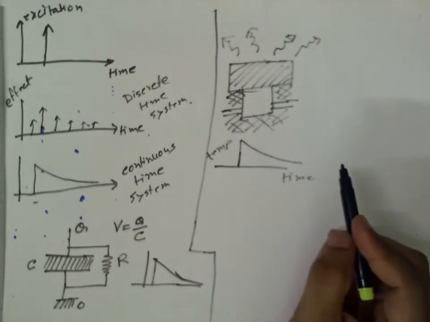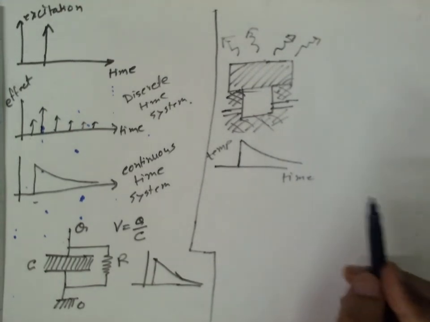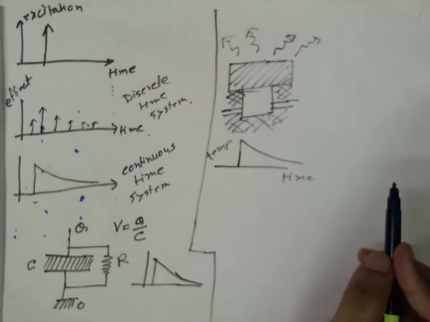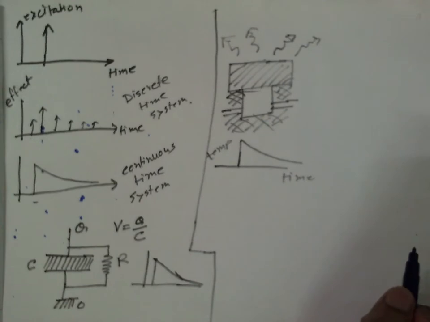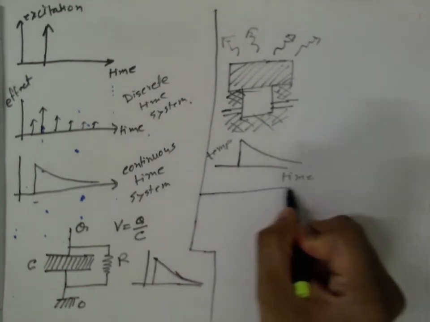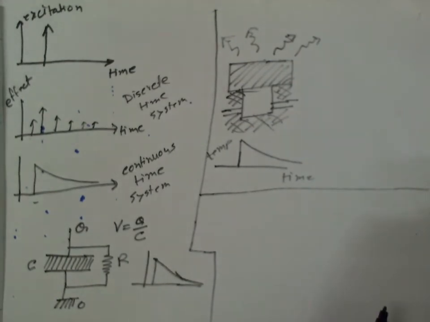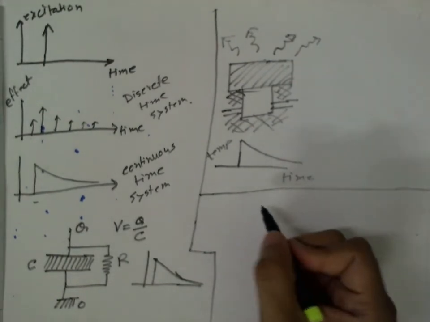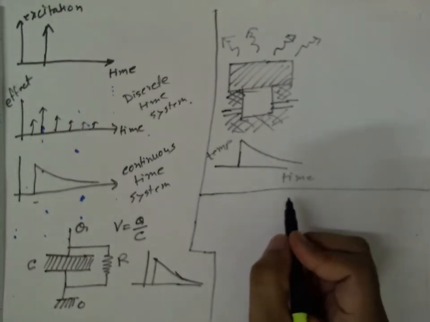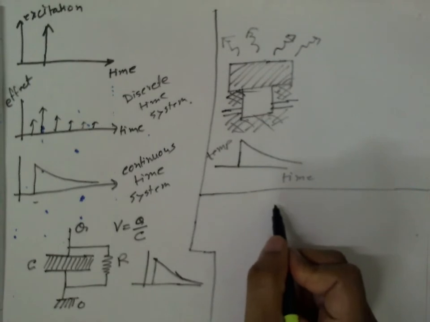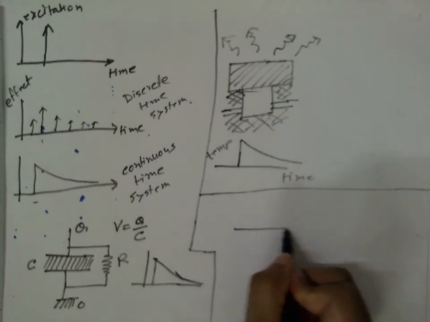Again, we can think of something which is not really physics or engineering at all, but maybe some social science. Say we are thinking of the exchange rate of, say, dollar to rupees or rupees to dollar, and the exchange rate varies over time.